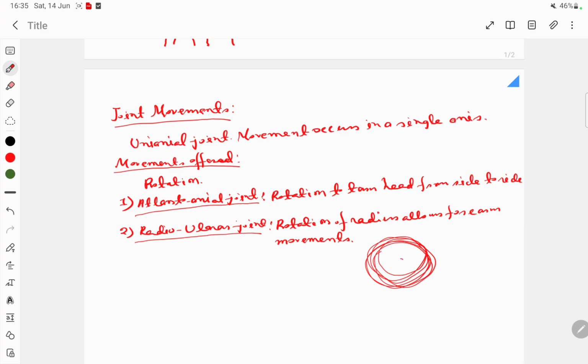In the case of the atlantoaxial joint, rotation occurs, which helps to turn our head from side to side. In the radio-ulnar joint, rotation of the radius allows for the forearm movements.